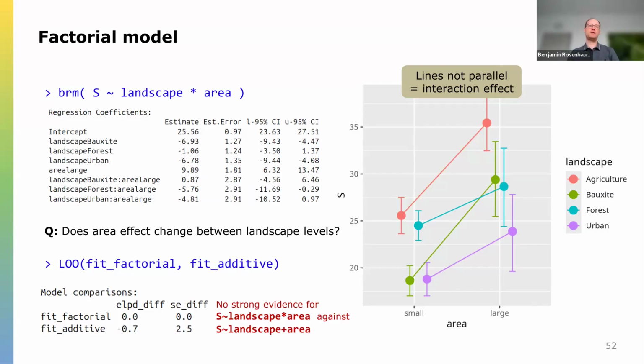However, this 0.7 difference compared to the uncertainty of this difference means that we can't say for sure that the more complex model is to be preferred, so we leave it as the less complex model, the additive model here.